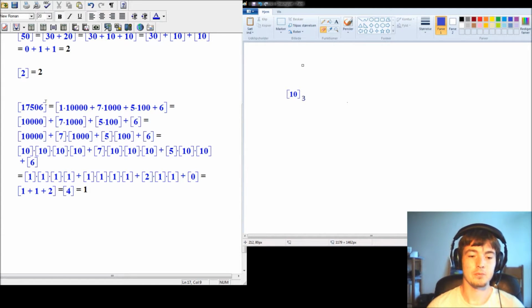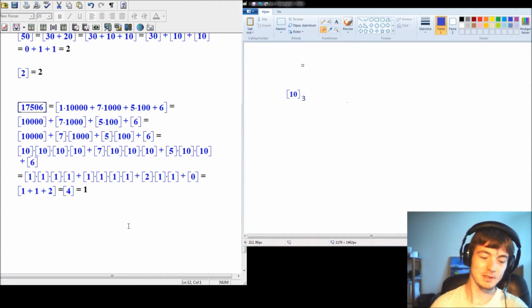So when you divide this number by 3, what's left over? It's the same here as here, as here, as here, and it's 1. So if you divide this number by 3, you get 1 left over. So this number is not divisible by 3.